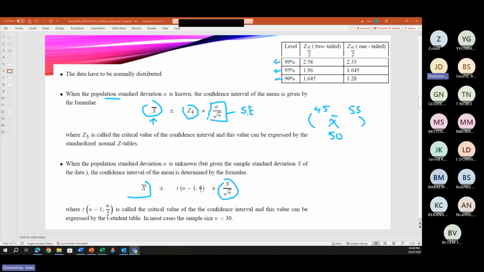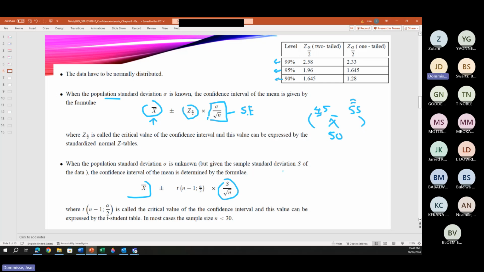Basically, for a confidence interval, you look at the mean and you build a lower confidence limit on one side. In this instance, the lower confidence would have been 45, and the higher confidence level would have been 55, with the mean in the middle of that.